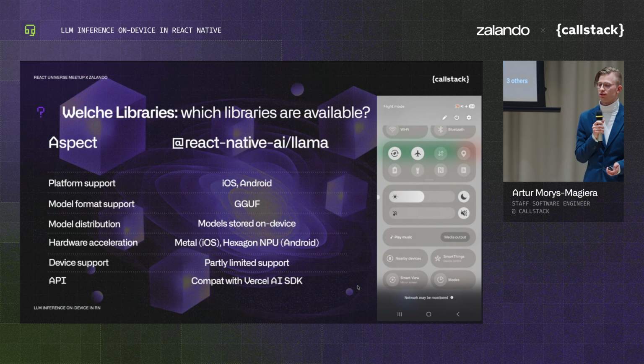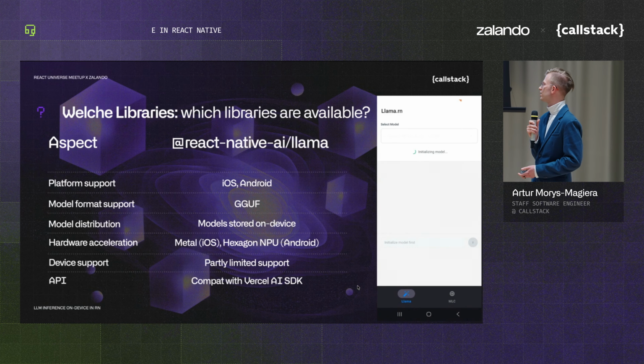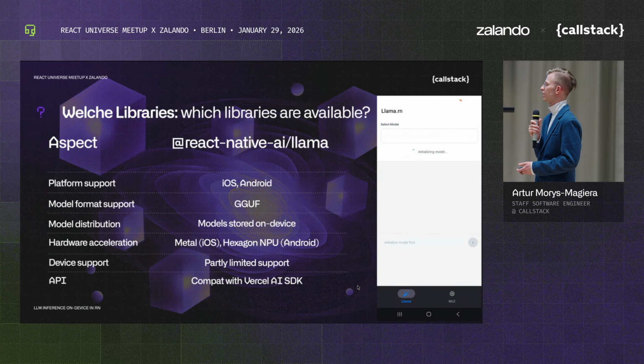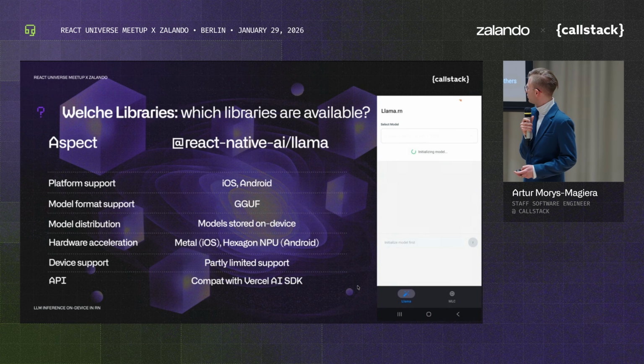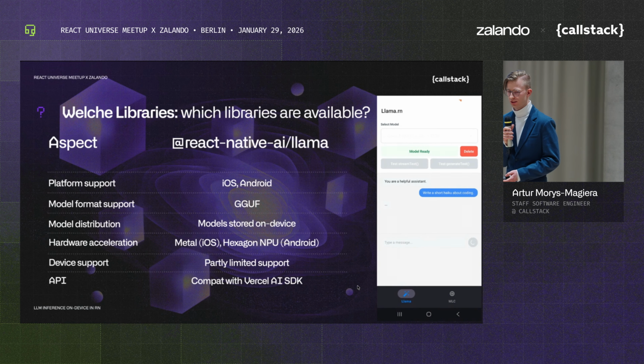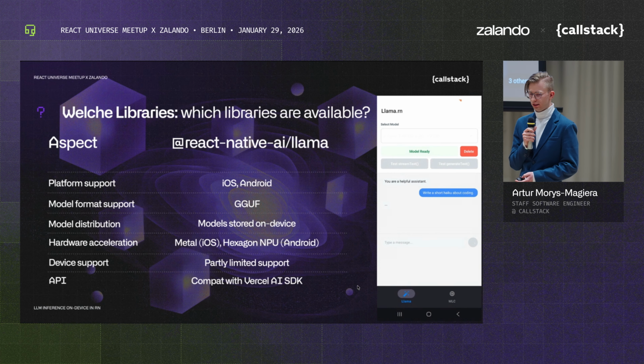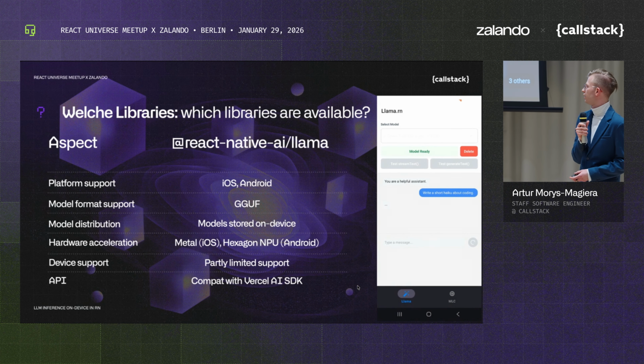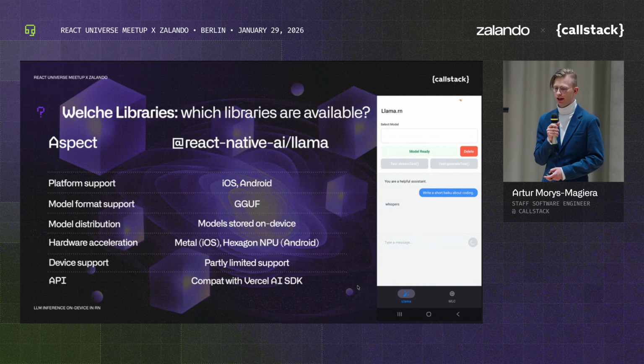The models are stored on device. The acceleration is Metal for iOS, a Hexagon NPU, which is another SDK for neural processing units on Android only. And of course, this library as well has compatibility with the Vercel AI SDK.